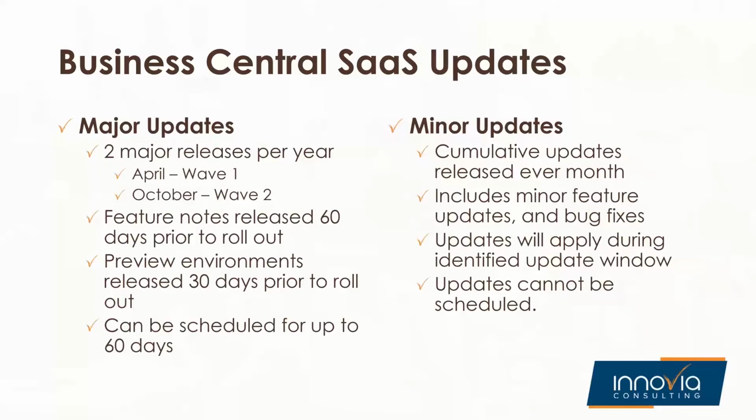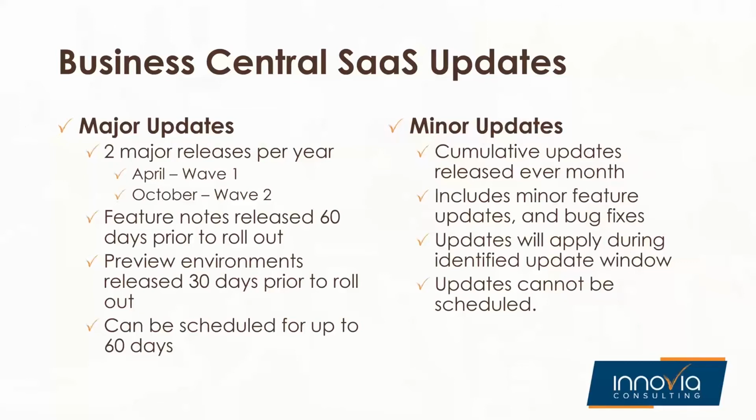And since major updates can be a little more major and you may want to test all of your custom functionality in a test environment prior to receiving the update, Microsoft typically gives you 60 days to schedule your major update. But after 60 days, they typically roll it out automatically. So they do limit the amount of time that you can schedule the update before they just push it to your environment.